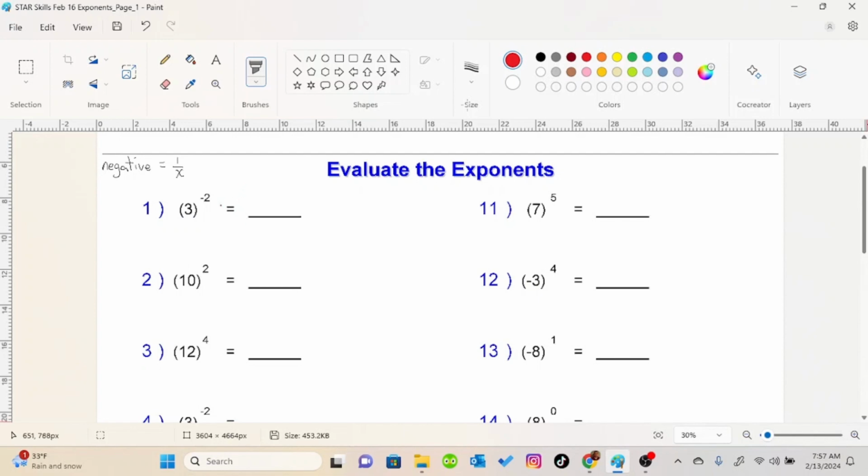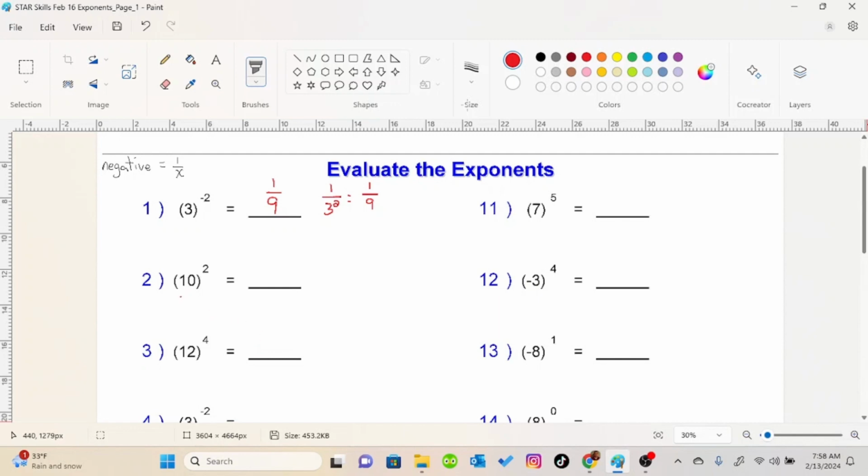So when I say 3 to the negative 2 power, this means 1 over 3 squared. And then 3 squared means 3 times 3, which equals 9, so we have 1 over 9. So our answer would be 1 over 9.